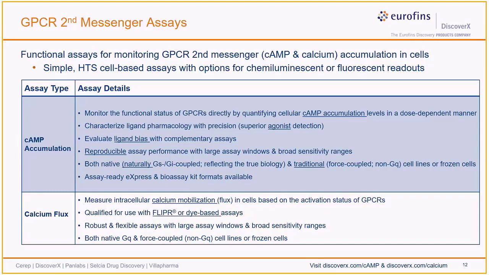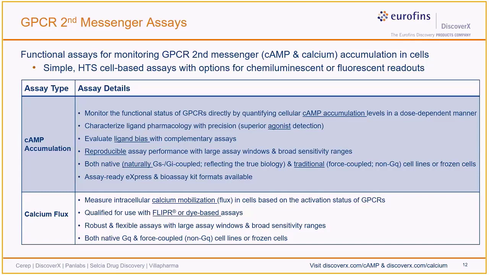Unlike the other ones, these are naturally coupled receptors. They're ideal and closer to the true biology for directly monitoring the activation status with high confidence. So, no overexpression of a specific G-alpha subunit that's not natural to the GPCR that you're focused on.